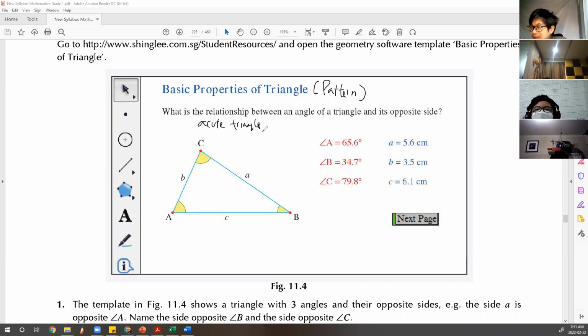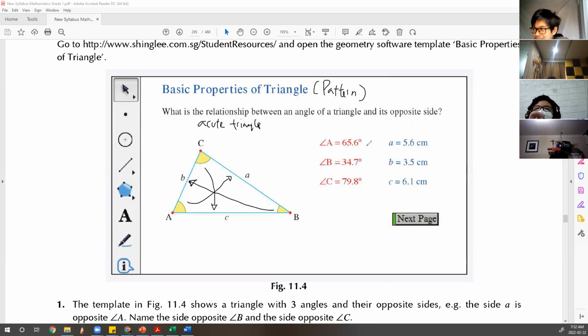As you can see, the ratio between the angles and the sides opposite them: angle A is opposite side A, angle B is opposite side B, angle C is opposite side C. Clearly, the bigger the angle, the bigger the side.